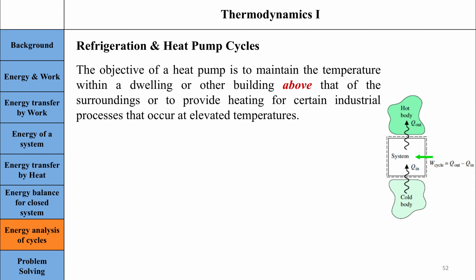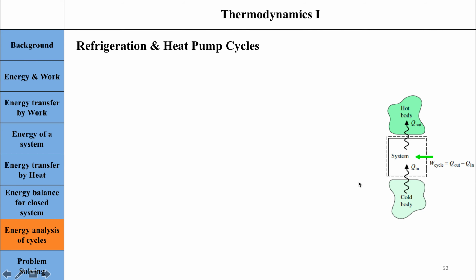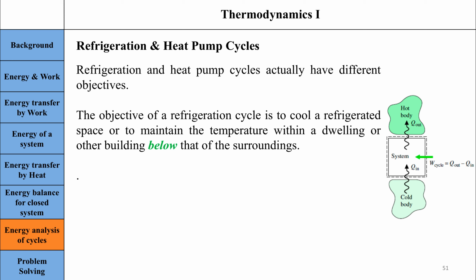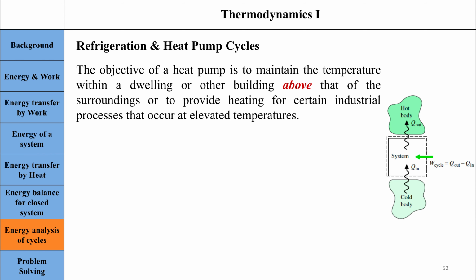And what is the difference of a refrigeration cycle from a heat pump cycle? For a heat pump cycle, we are trying to maintain the temperature within that building above that of the surroundings. Now, the only thing that has changed between a refrigeration cycle and a heat pump cycle is the temperatures at which this cycle is working.